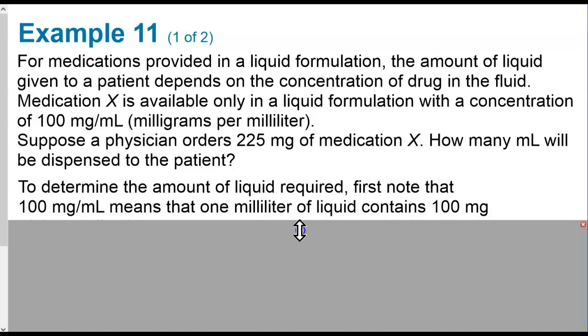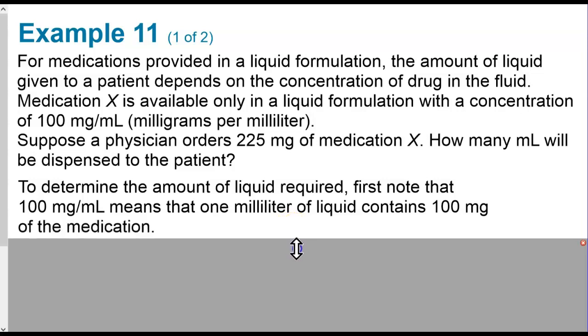And to do that, let me give you a hint. To determine the amount of the liquid that's required, note that 100 milligrams per milliliters means that for every 1 milliliter of liquid, it contains 100 milligrams of the medication. So 100 milligrams per milliliter.